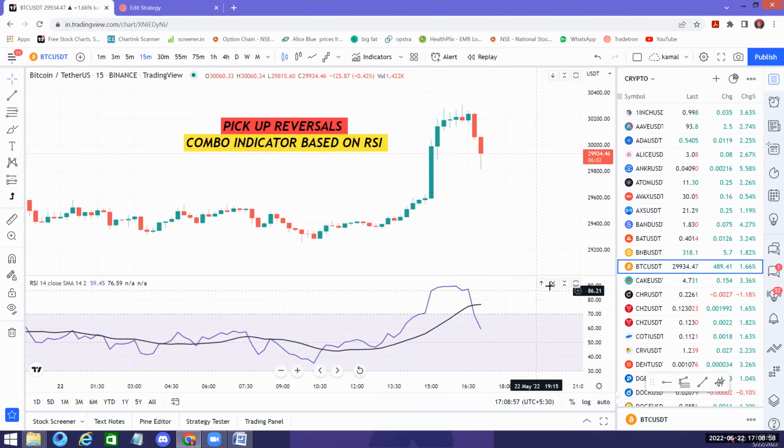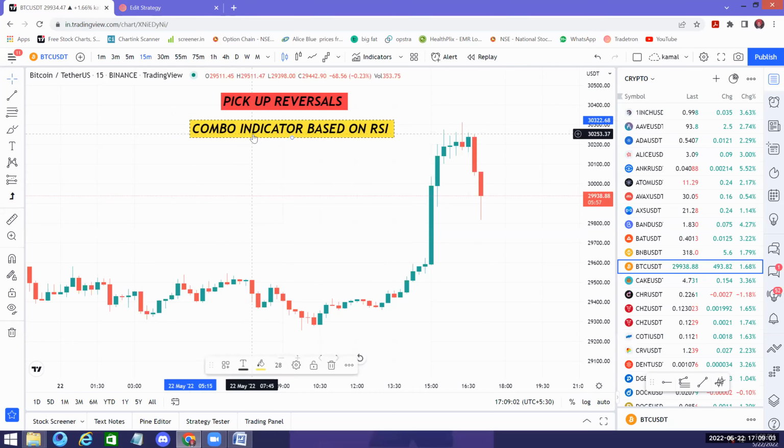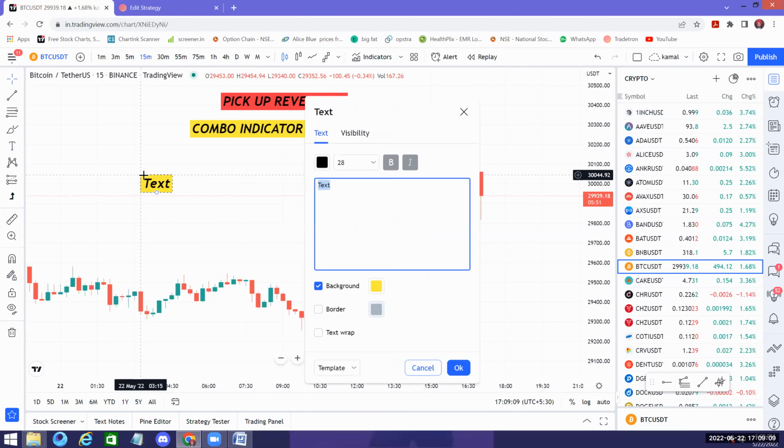Now I'm going to show you a different kind of indicator. Now this is not available on TradingView. The code is scripted. What we are going to use is a crossover of two different RSIs.